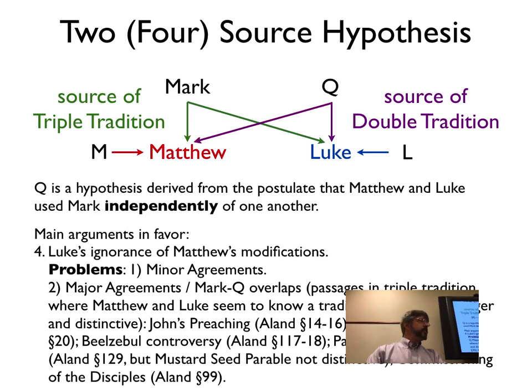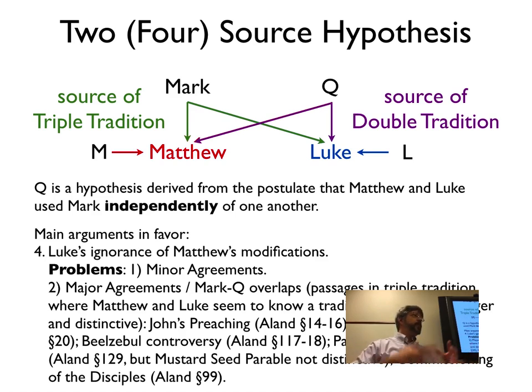B.H. Streeter was the one who first kind of identified these Mark-Q overlaps, and he had a very long list. Because there are a lot of passages where you see this kind of stuff. Until people pointed out, well, your Q is starting to look a lot like Matthew. And so you can't have too many of these Mark-Q overlaps without Q becoming Matthew.